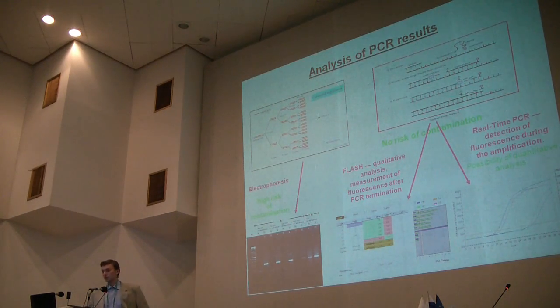There are some approaches to detection of PCR results. The classical approach is electrophoretic analysis, but it has a high risk of contamination of the working space by the amplification product. The solution of this problem is fluorescence PCR, like FLASH analysis, fluorescence amplification by specific hybridization, and real-time PCR, detection of fluorescence during the amplification.